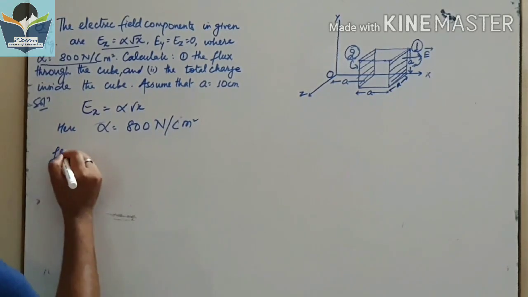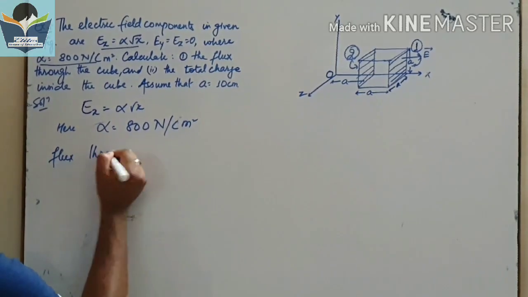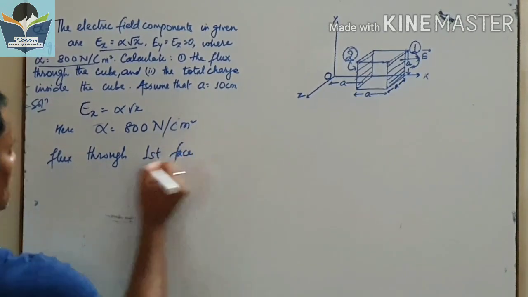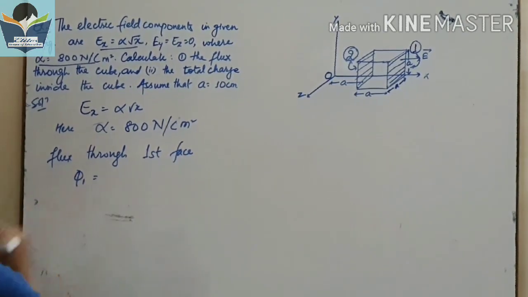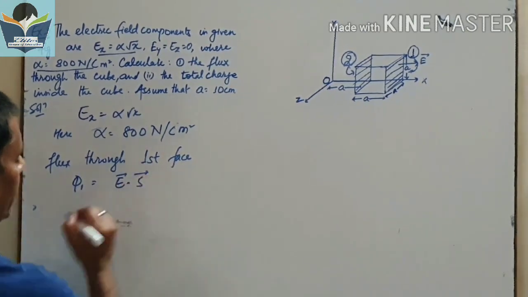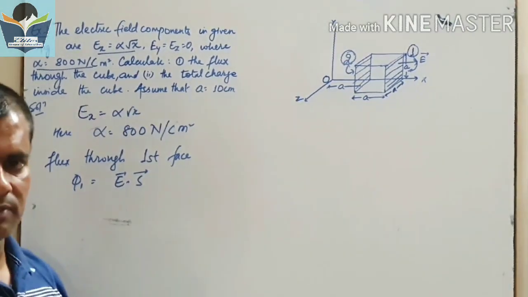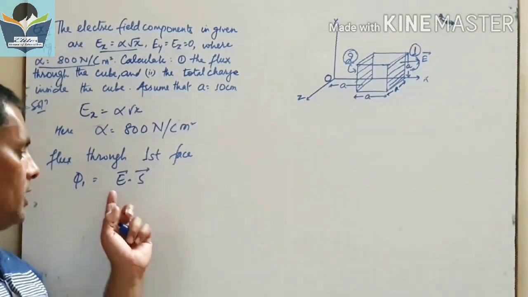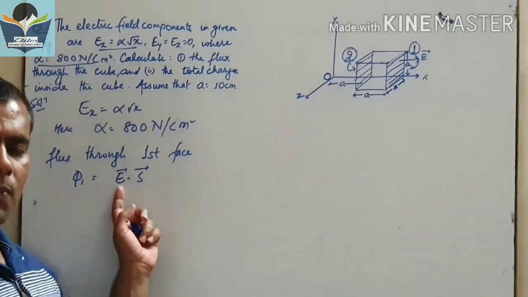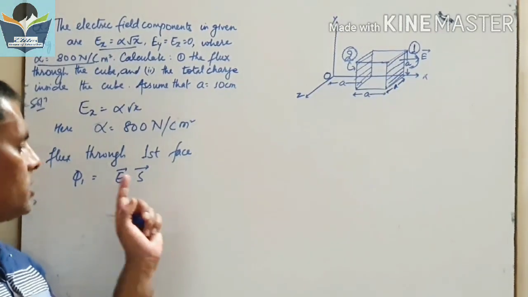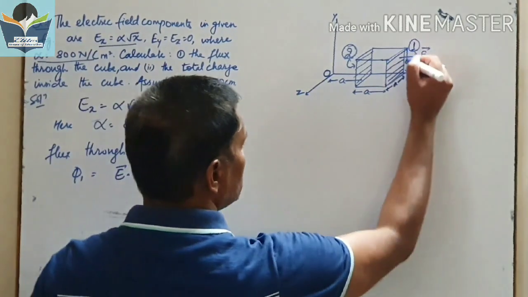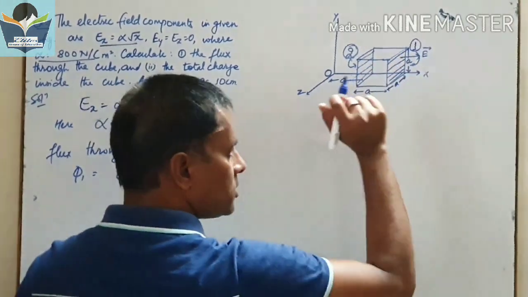So for determining the flux through the first face, that is phi 1, how much should it be? According to the concept of electric flux, it should be E dot S. Remember that we had discussed in the previous video that this is the dot product of the field vector and the area vector. Here the area vector is identified to be normal to the surface.